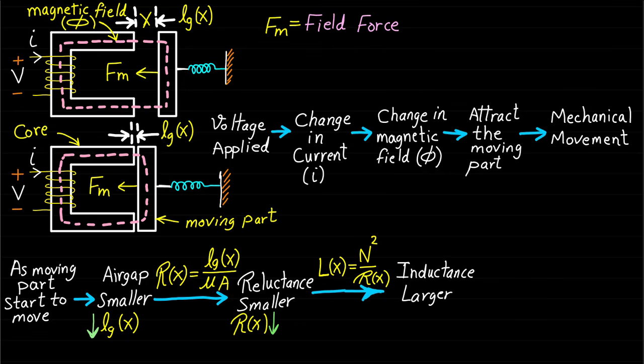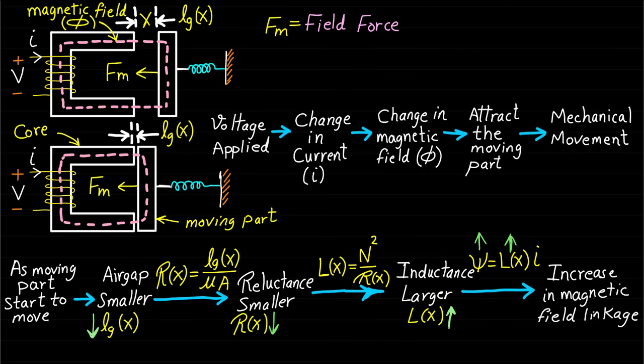Note that the air gap length, reluctance, and inductance have been represented as a function of x because they change as a function of the air gap distance x. This change of inductance because of the movement causes a change in the current I and hence a rate change or increase in the magnetic field linkage psi.